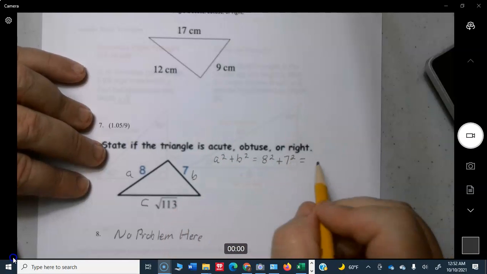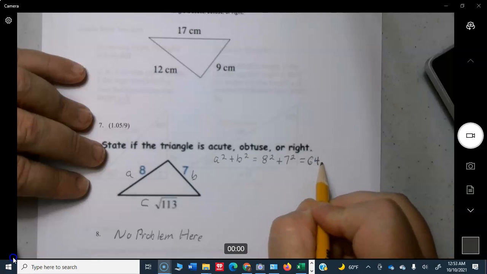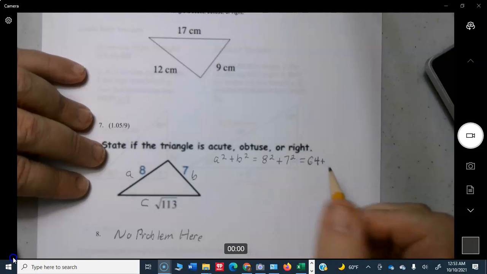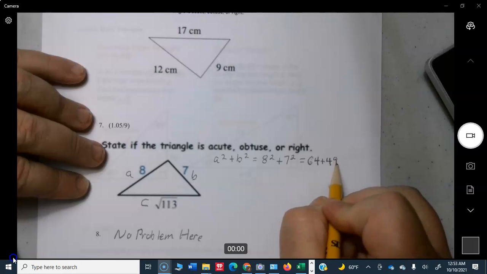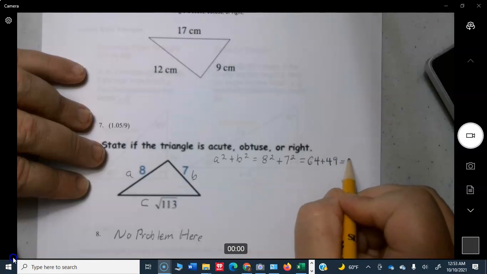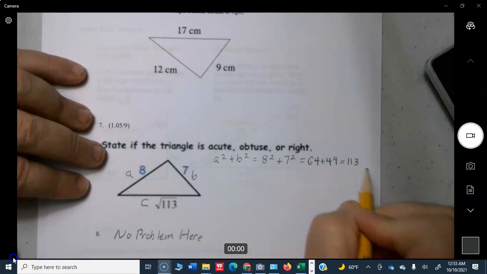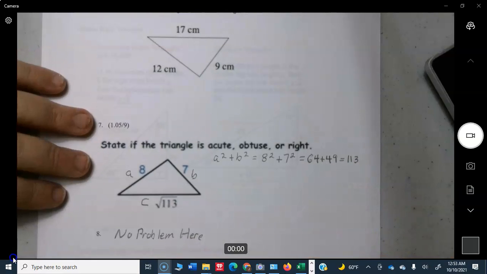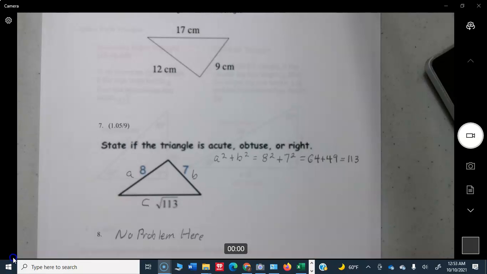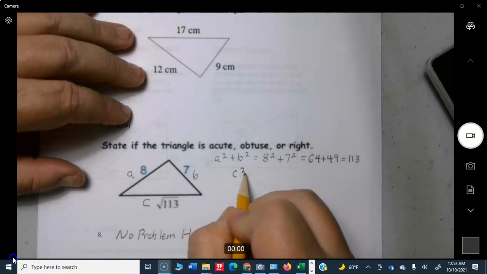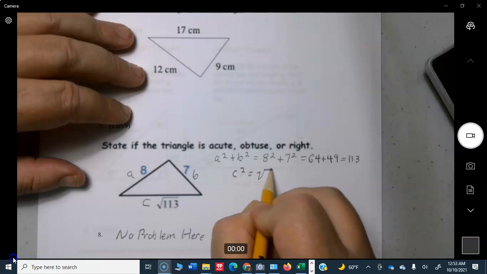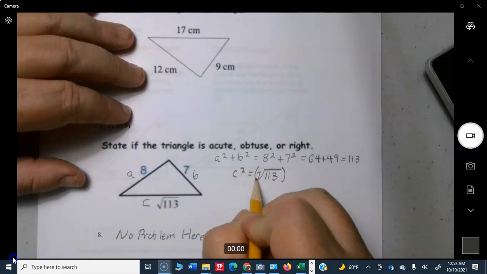So 8 squared is 64, and 49. So that's going to equal 113. Okay, 64, 113, yeah. C squared equals the square root of 113 squared.